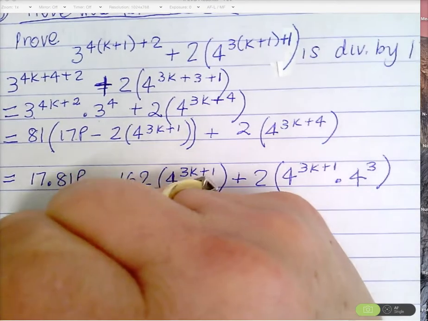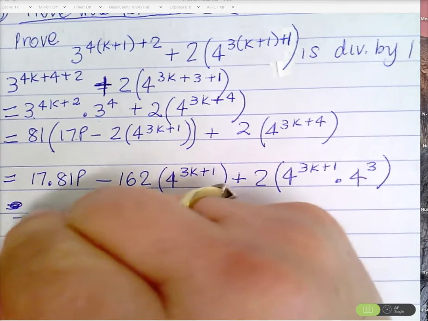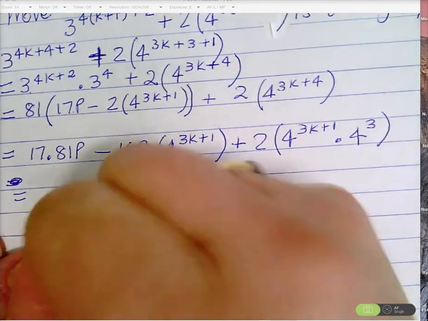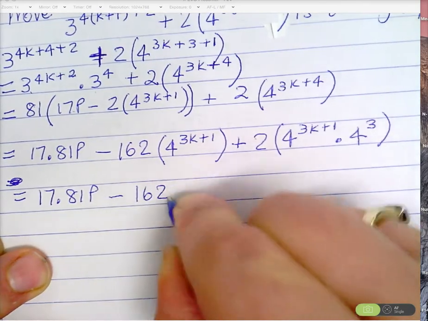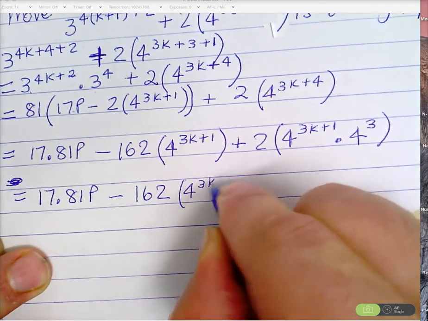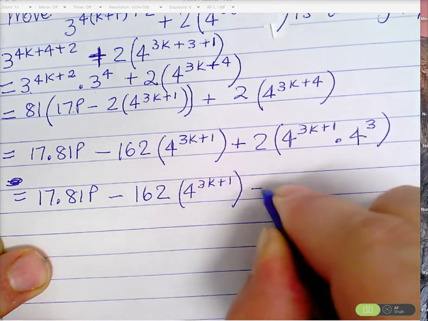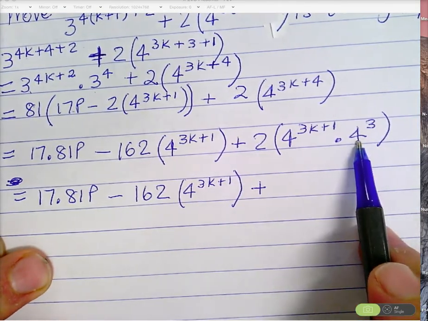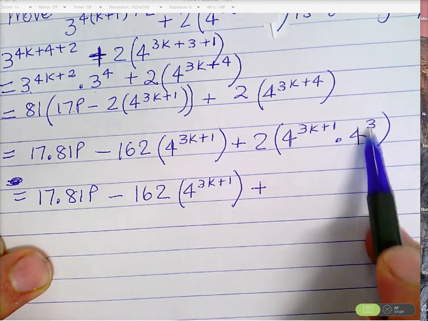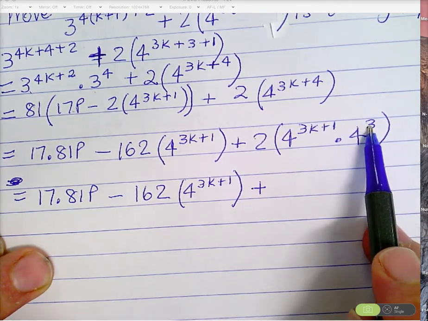Alright, so I've got, actually I'm going to leave lines now because it's just getting very squishy. 17 times 81p minus 162, 4 to the power of 3k plus 1 plus, what's 2 times 4 cubed? See, that and that are whole numbers. 4 cubed is 64.